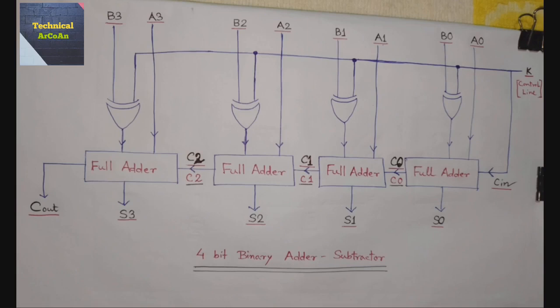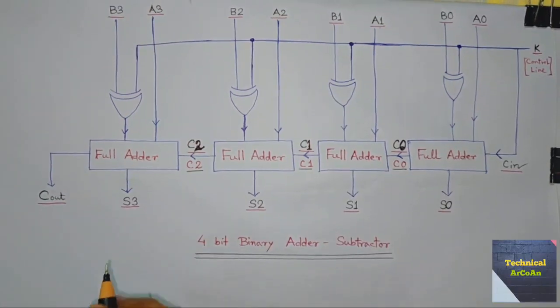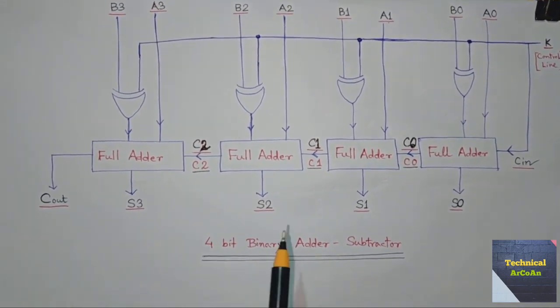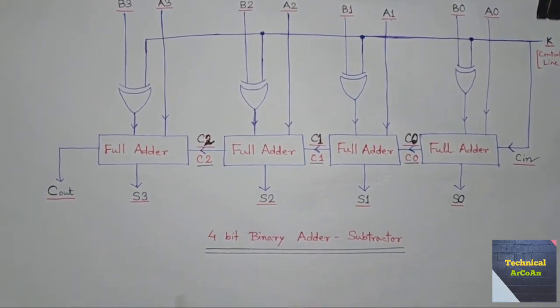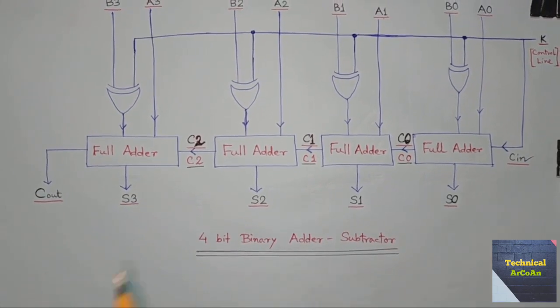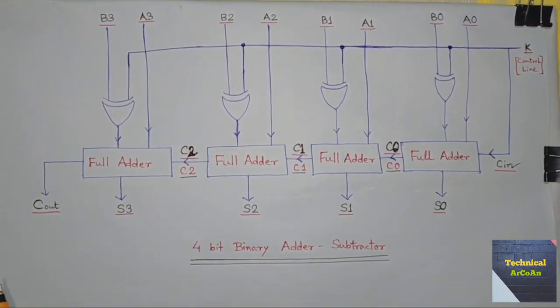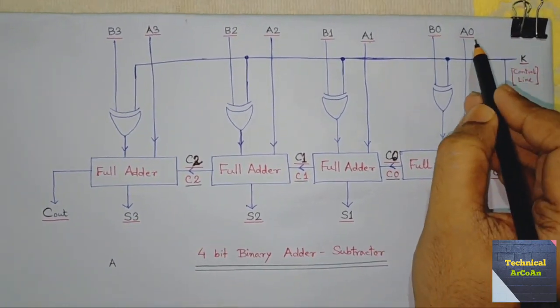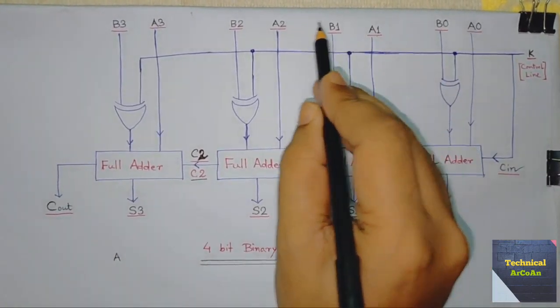Okay, so let's take an example. Let's consider two 4-bit binary numbers A and B as inputs to the digital circuit for the operation. Suppose we take A: here we are given A0, A1, A2, A3.